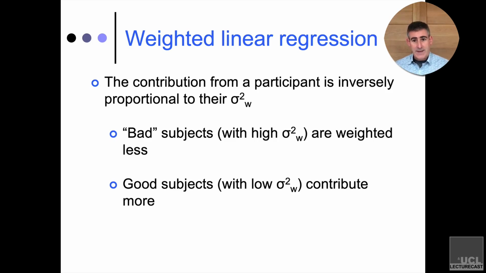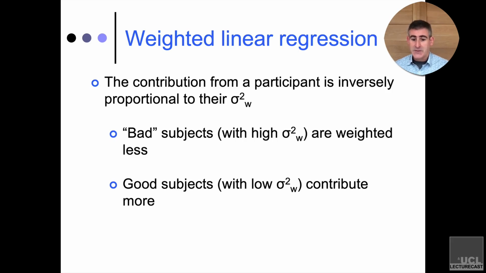Do you want to weight them the same as somebody who did the task brilliantly and was spot on and paying attention? Or do you want to take into account that there's greater variance in those subjects, so we're going to downweight them when we bring them all together into the group level? That's the main advantage of this kind of iterative process and estimating the variances correctly.